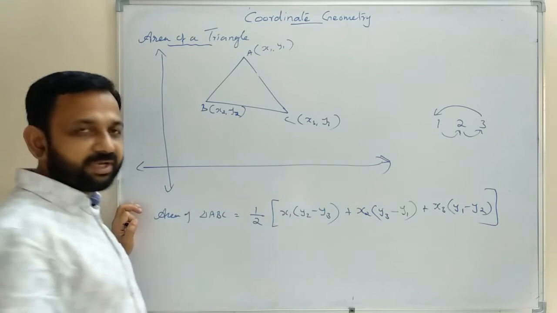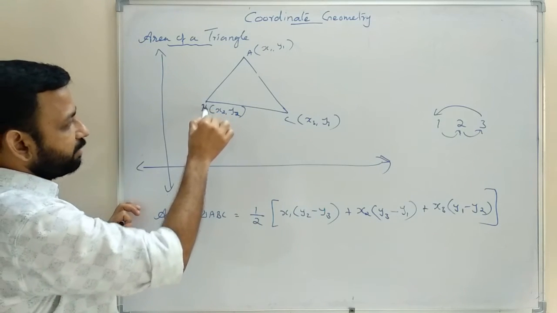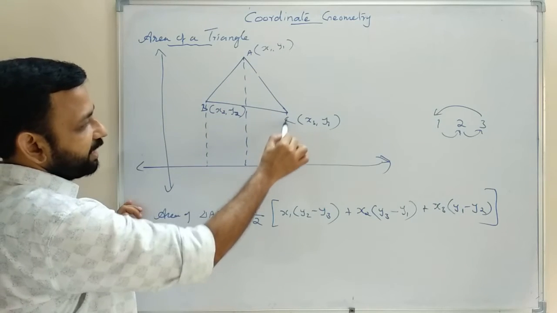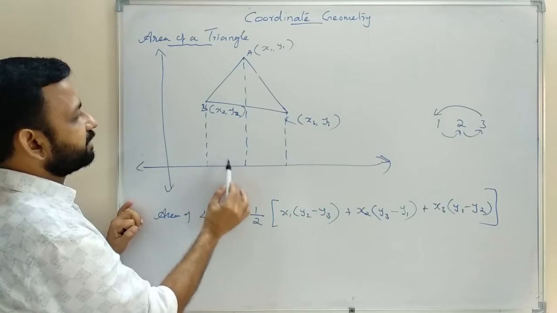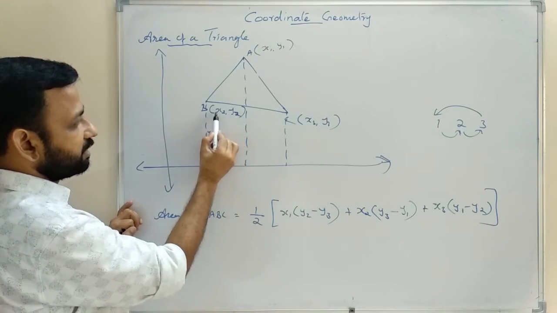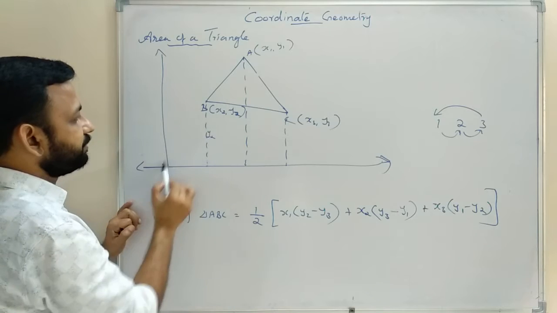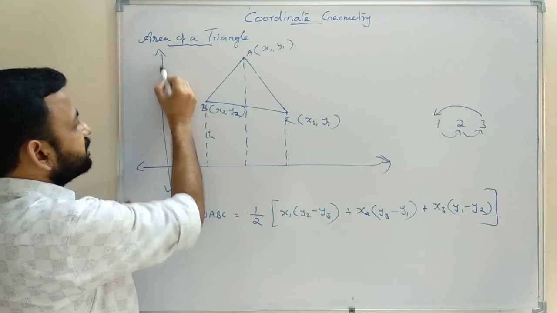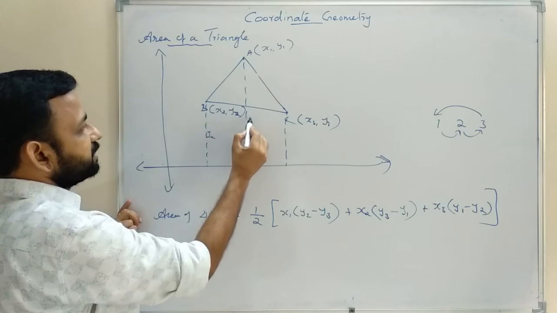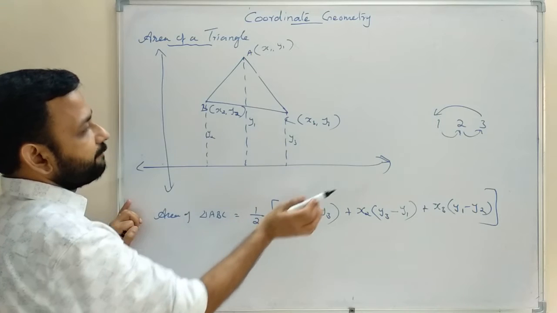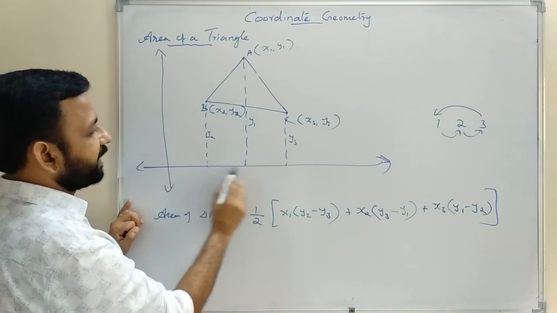So if we have the x-axis and y-axis, then we can draw the perpendicular. From here we will draw another perpendicular, and here this distance is y2, because this is x2 y2, so this is also y2, and here this distance is y1, and similarly this is y3, and we can find this distance.